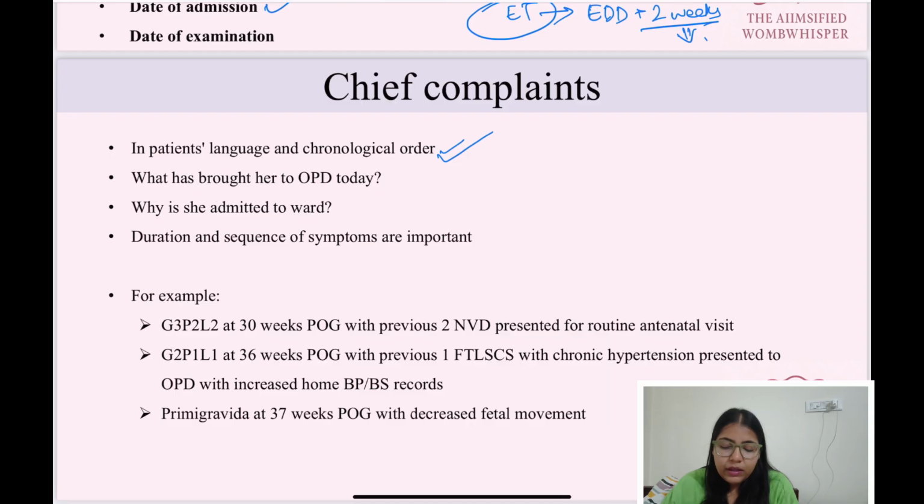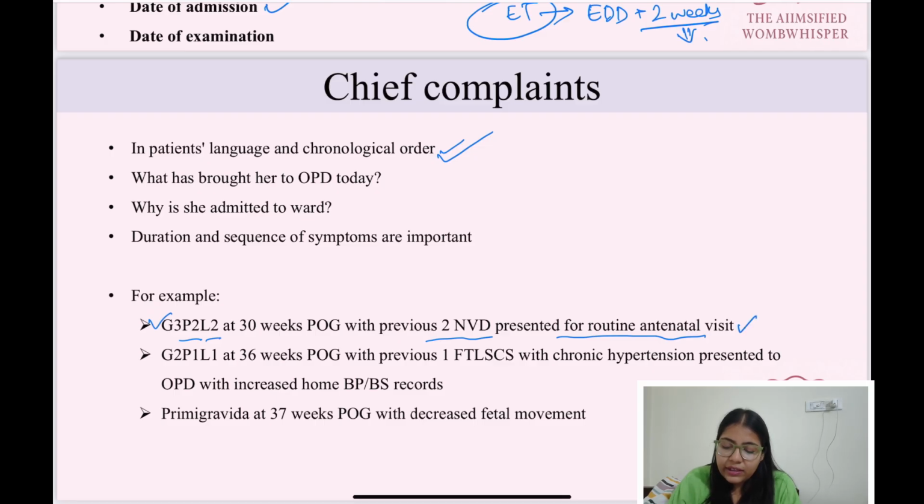For example, when you are writing the chief complaint, you may start by writing she is gravida 3, para 2 with 2 living issue at 30 weeks period of gestation with previous 2 NVD presented for routine antenatal visit. If you are taking a patient in OPD, the patient may not have any comorbidities, maybe she has come for routine antenatal checkup, so you mention it like that.